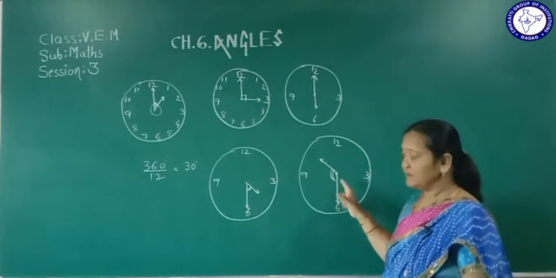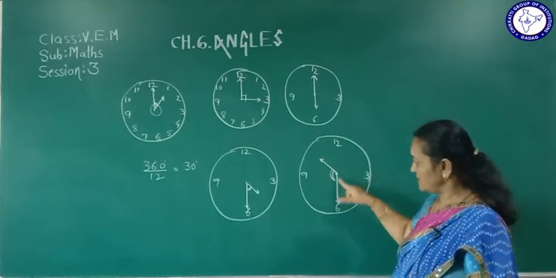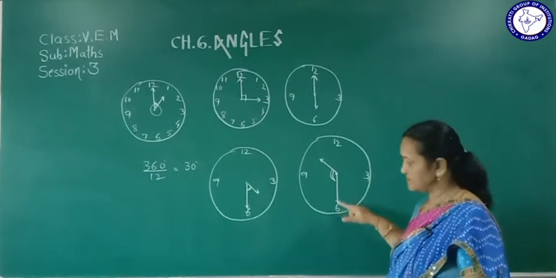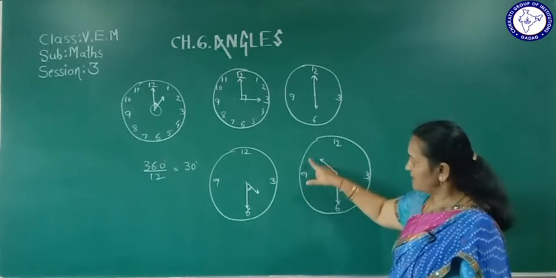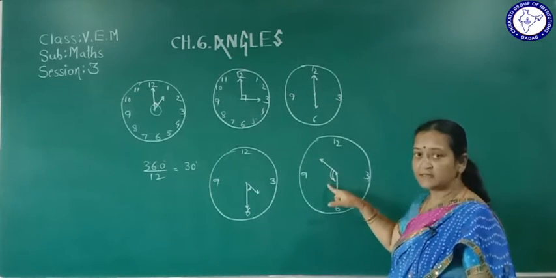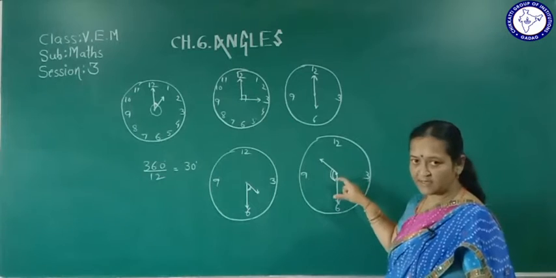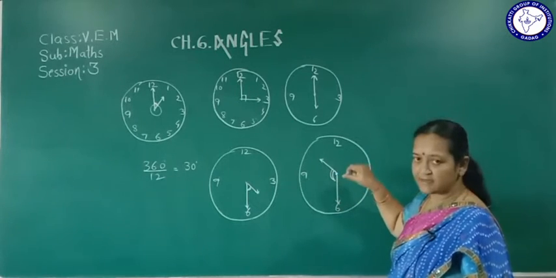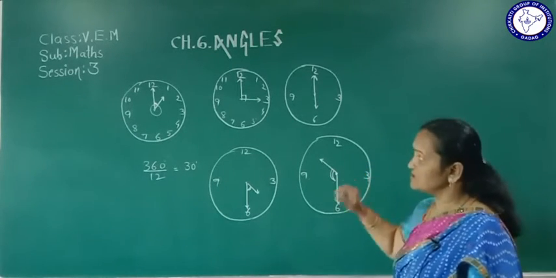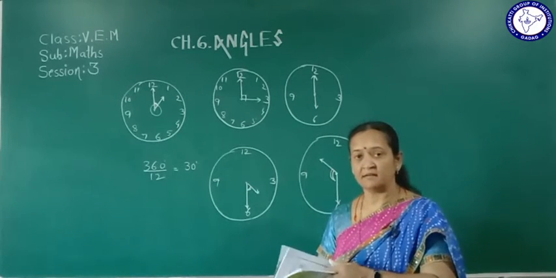Now here this is on 10 and here it is on 6. So till here it is 90 plus 30, this is 120 degrees. Okay, if you keep a protractor on this, you will find this angle is 120 degrees. So these are the angles in the clock.